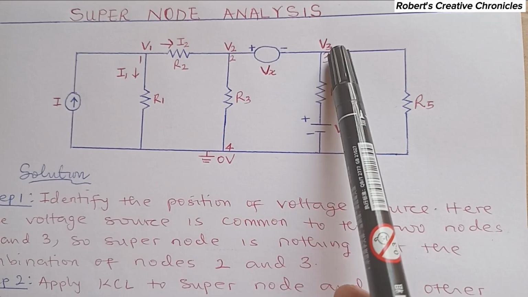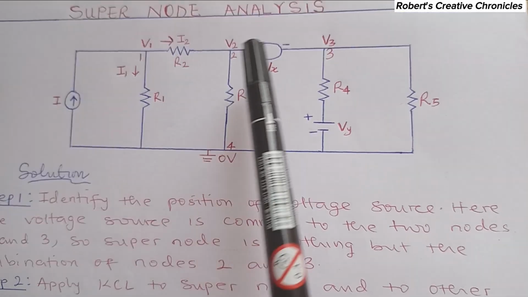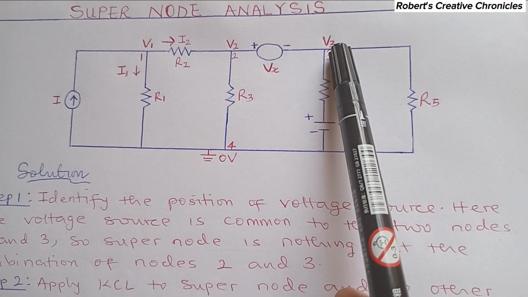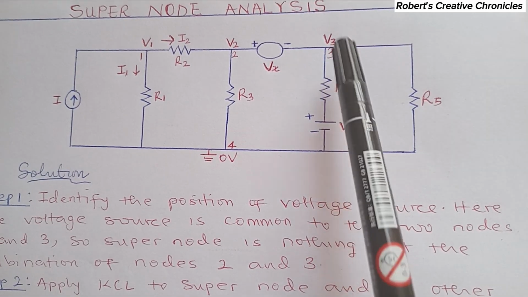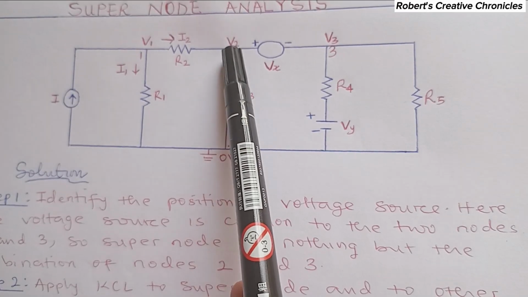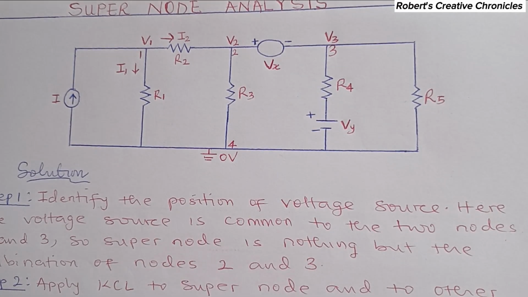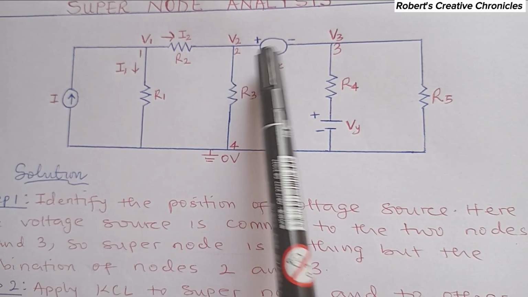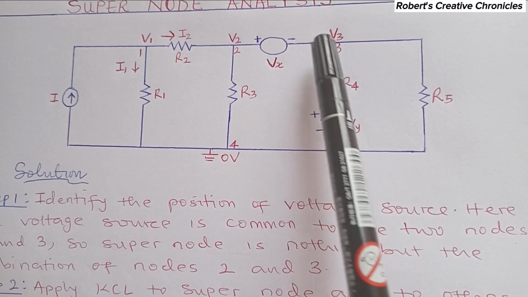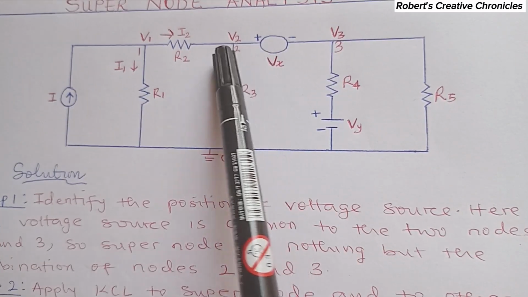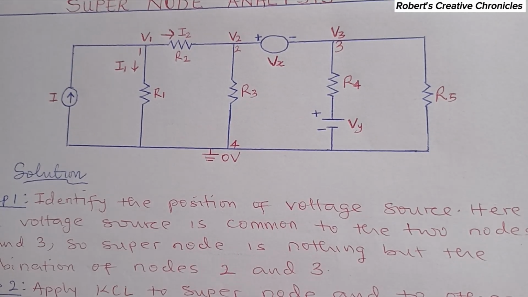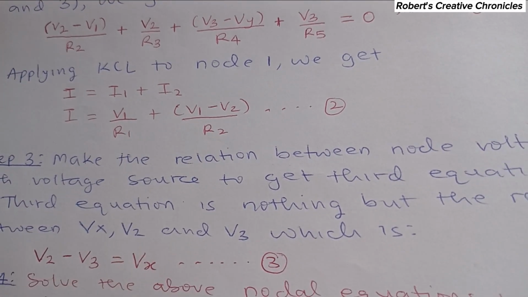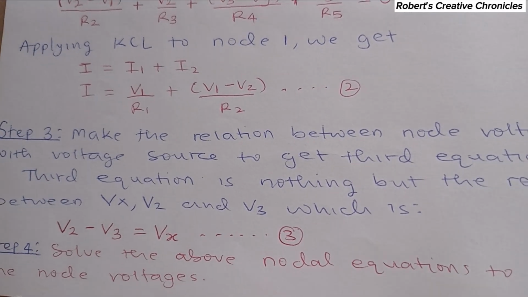V2 is at a higher potential, positive, and V3 is at a lower potential, negative. So the voltage across here is V2 minus V3, which equals Vx.